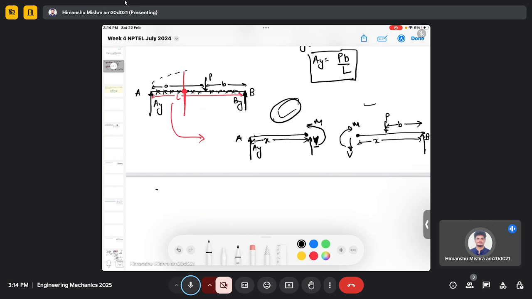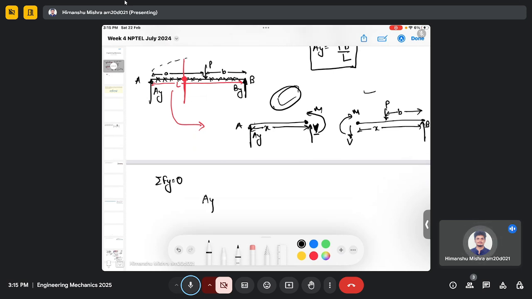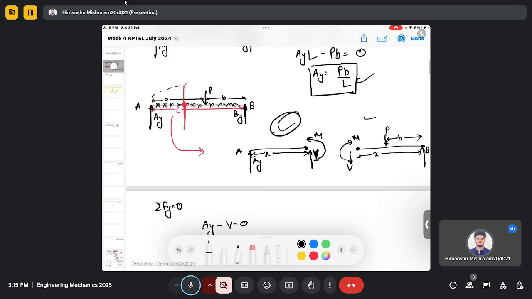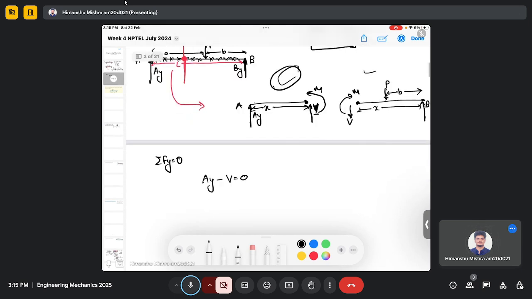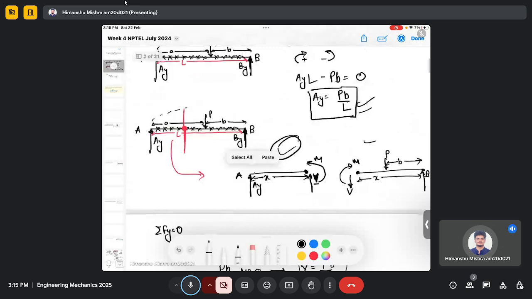So if I do the force balance analysis in the y direction and say that the beam is in equilibrium, which makes the summation of force equal to 0, then I will have AY minus V equals 0, and AY we already found is PB divided by L. So this will give V equals PB divided by L. And that is quite an obvious result because we see that after this reaction force AY, there is no other force across the beam.